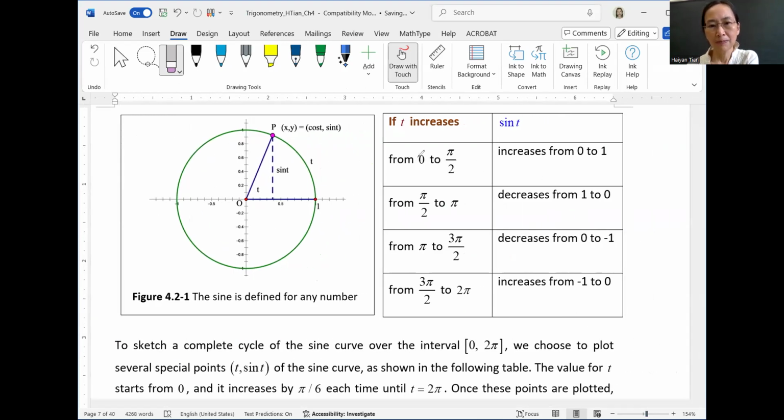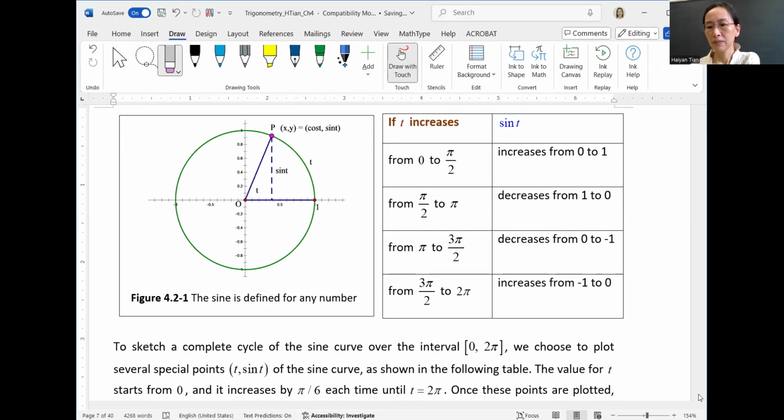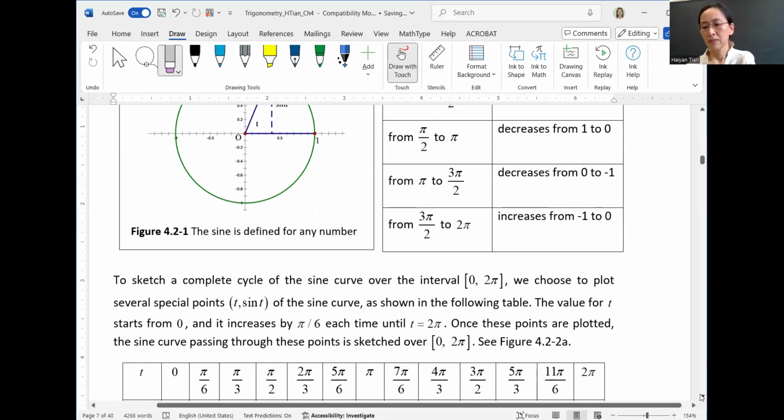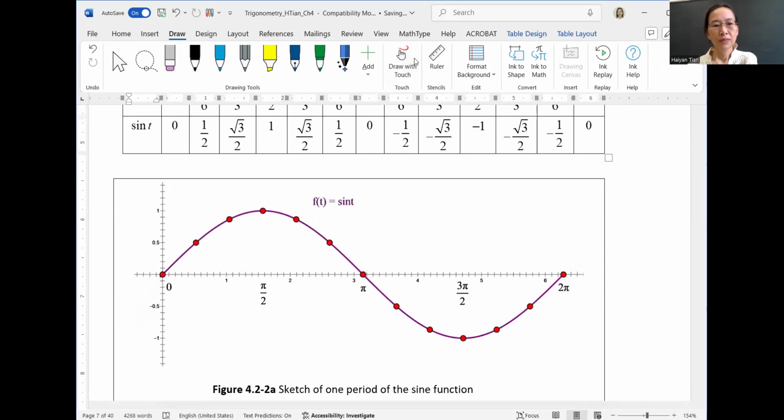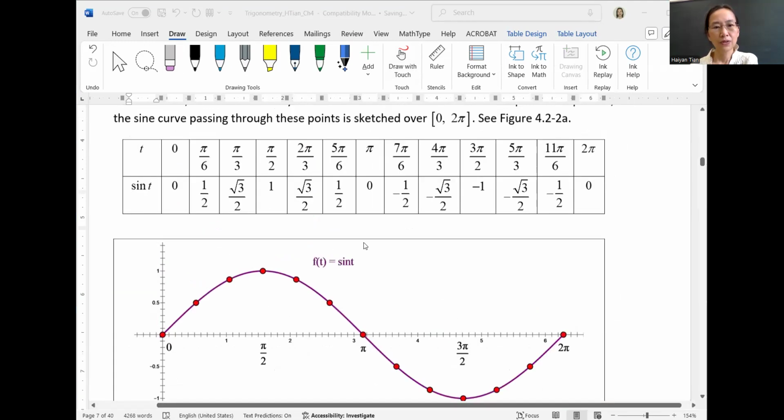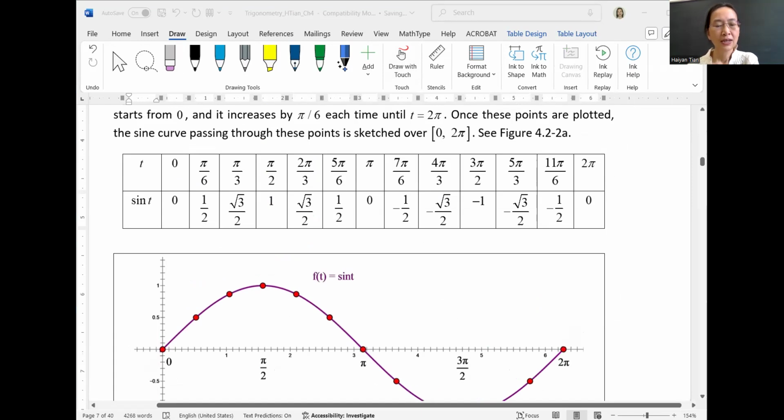We just look at the first quadrant, from 0 to 1. We can even pick a few special points. Okay, I'm going to show the few points.